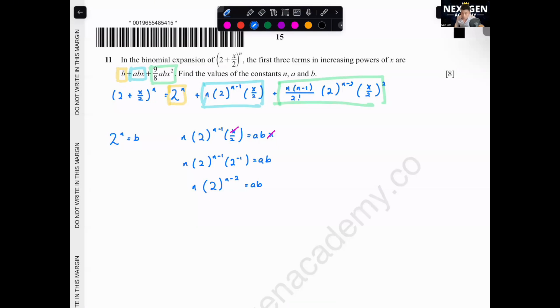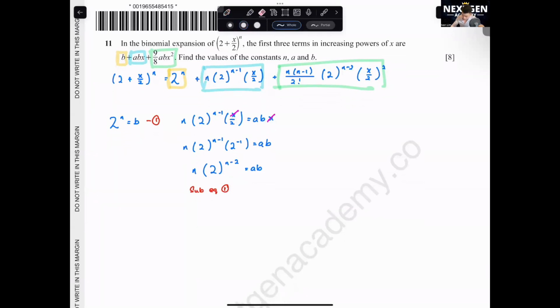Then from here, I want to substitute this into here because I already have b. So substitute equation 1 into equation 2. b equals 2 to the power of n. So n times 2 to the power of n minus 2 equals a times 2 to the power of n.